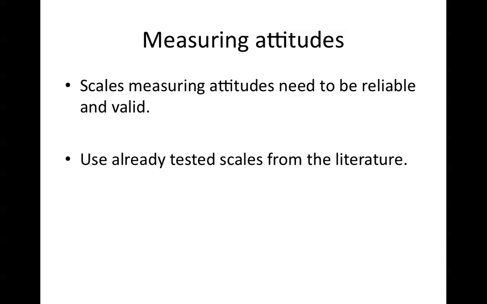So what you don't want to do is create your own scale. If you have to, you can, but truthfully, you should probably stay away from creating your own scale and use a scale that has been validated previously in other studies. And the easy way of doing that is by looking at the literature, simply looking up previous studies that have looked at a similar research question to see what kind of scale they've used, and just taking that scale.